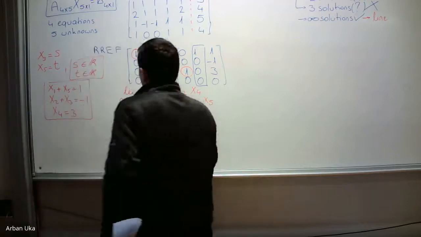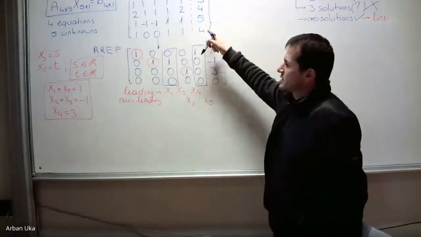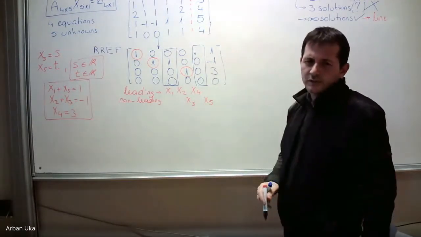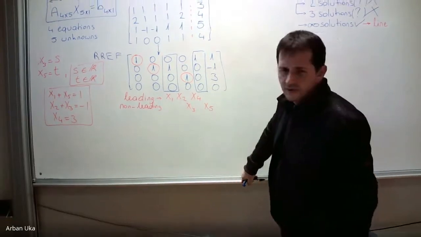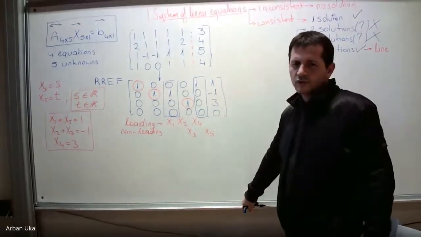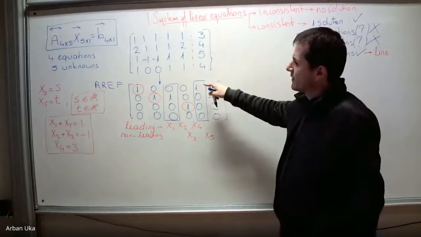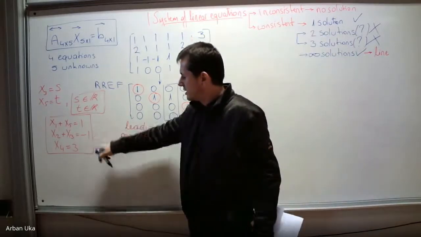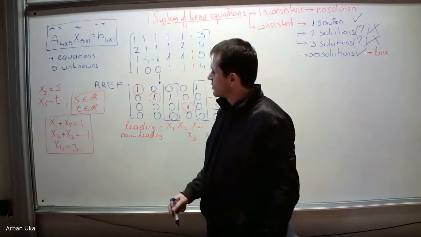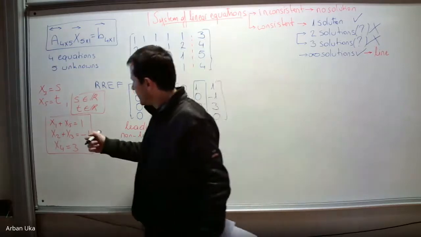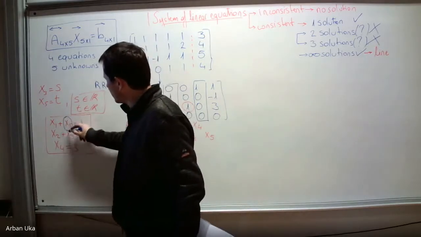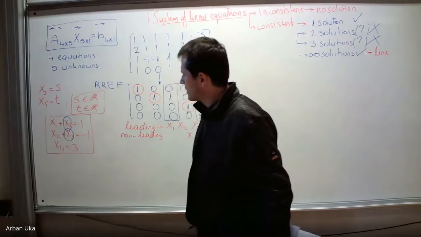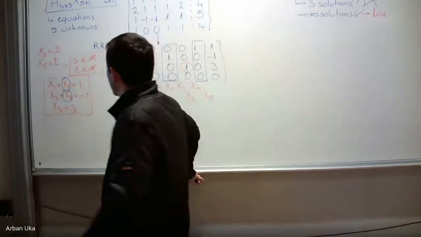So it is obvious that from all this large volume of information encoded in these equations, we can get a simpler version like here. But now let's not forget that x3 and x5 are equal to s and t. So these lines in blue, let's not forget what they are.